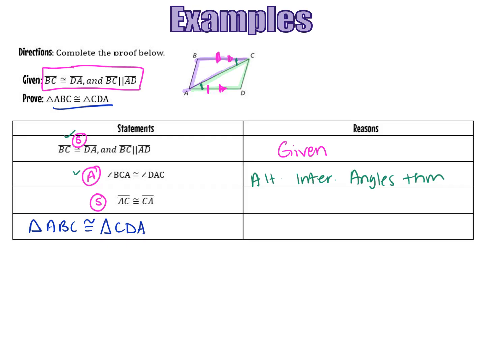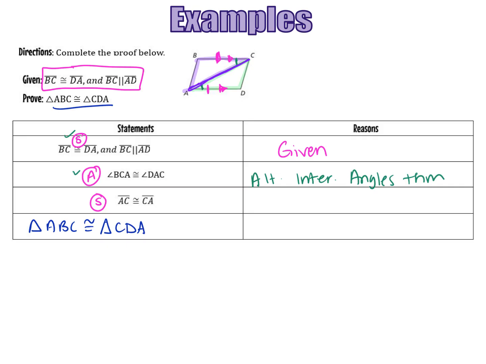The second side, let's see what this statement is saying. It's saying that AC is congruent to CA. Well, that makes sense because we're basically saying that something is congruent to itself. And anytime we're saying that something is congruent to itself, it's like it's looking in the mirror.